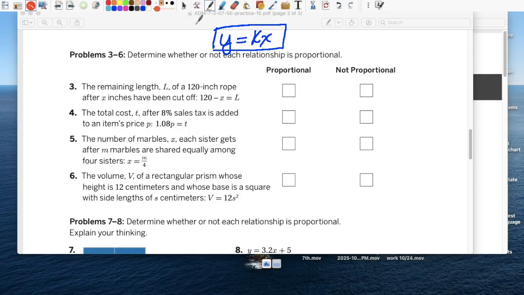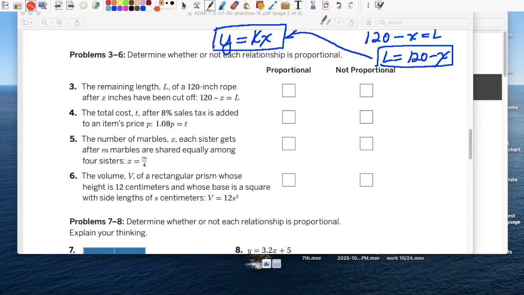Now, if you look at the first one, it says 120 minus x equals L. So let's just change it around. Let me make L equals 120 minus x. Is this equation in this format, where we have a constant of proportionality multiplied by the x value?